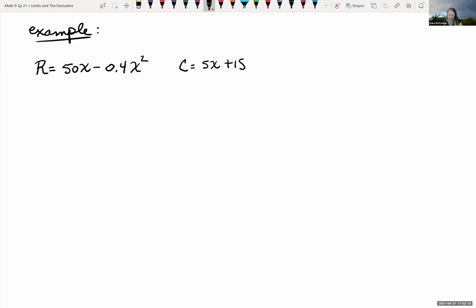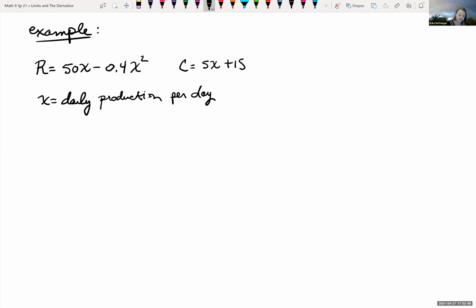Find the following when 40 units are produced daily, and the rate of change of production is 10 units per day. Okay. So where x is the daily production, and find the following when 40 units are produced.